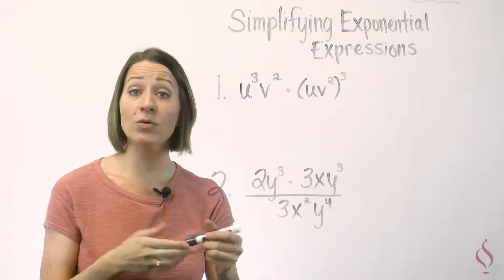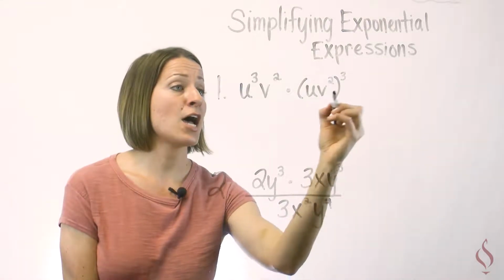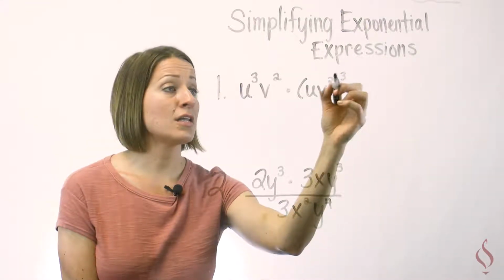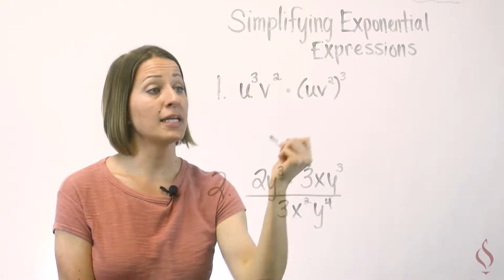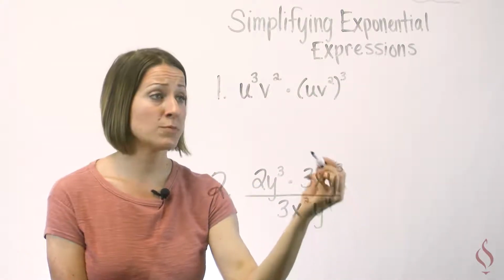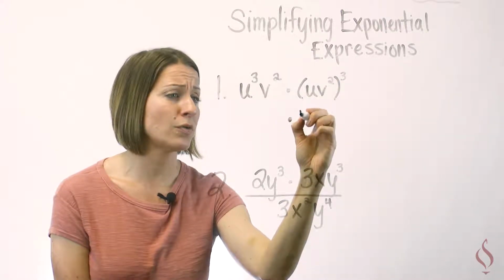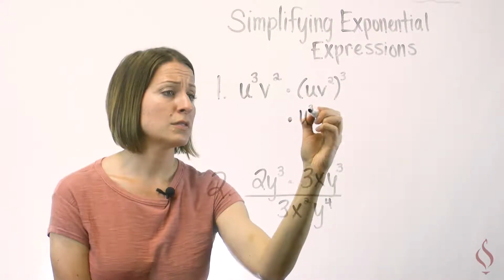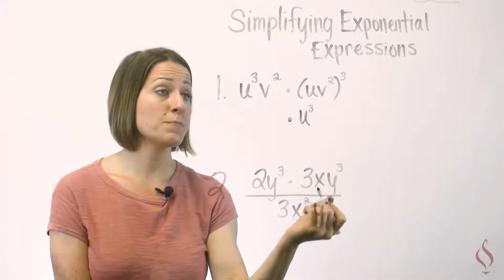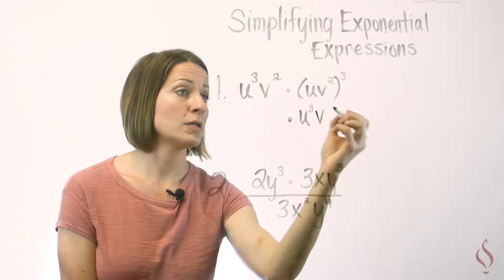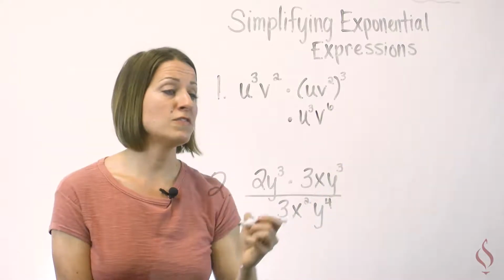Okay, so there's the power rule that says when there's a 3 on the outside, we can multiply it to the other exponents. So this expression, and I'm just going to write it right below, is going to be u cubed times v to the 6th.